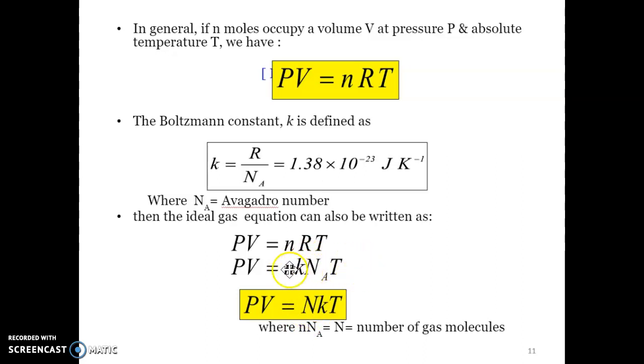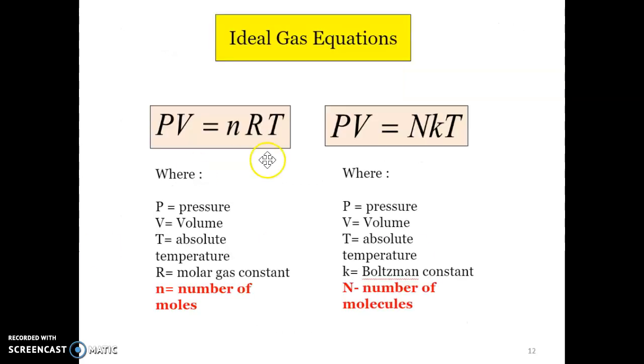So remember, small n, N_A, and big N are 3 different things. N_A is not equal to N. N_A is different, small n is different, big N is different. Okay, you have to be careful with that. So bear in mind we have 2 ideal gas equations.